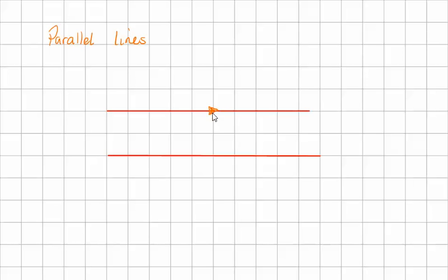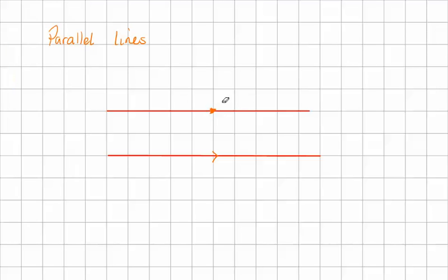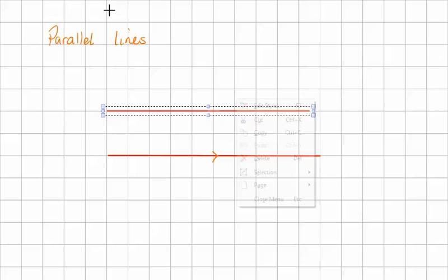You can do an arrow like that or just like that, it doesn't matter. If you've got the same symbol on both lines, that means those two lines are parallel.